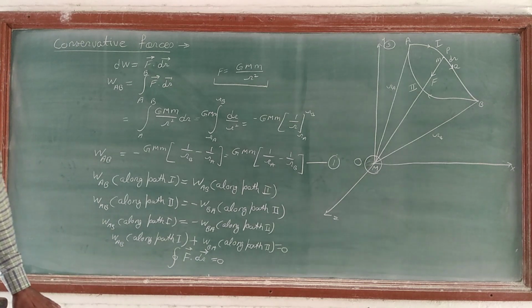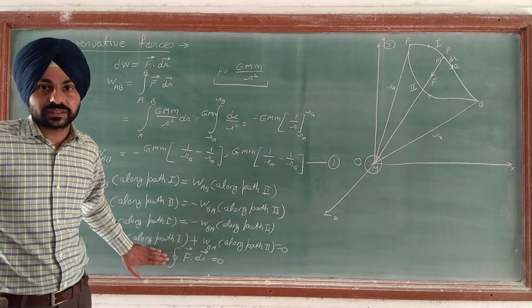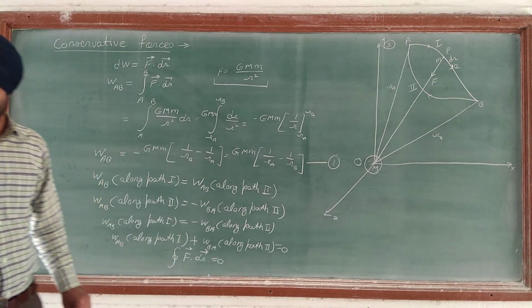So this is another way to say that a force is said to be conservative if the work done by the force in moving a particle along a closed path is 0.